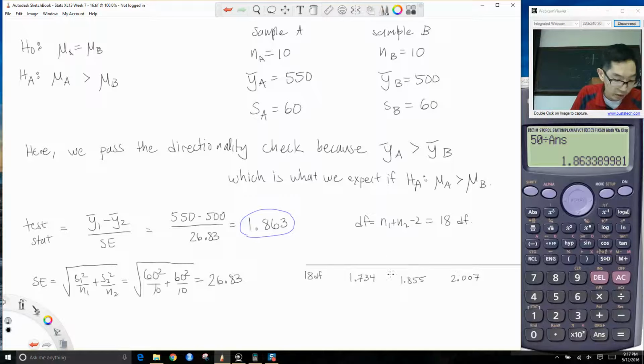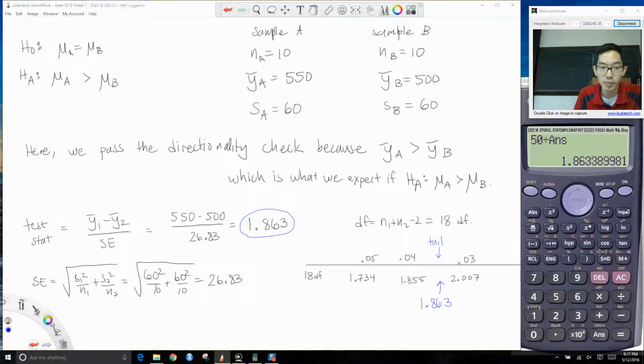This is 0.05, 0.04, and 0.03. So 1.863 fits in between here and here, which means our corresponding tail must be in between 0.04 and 0.03.